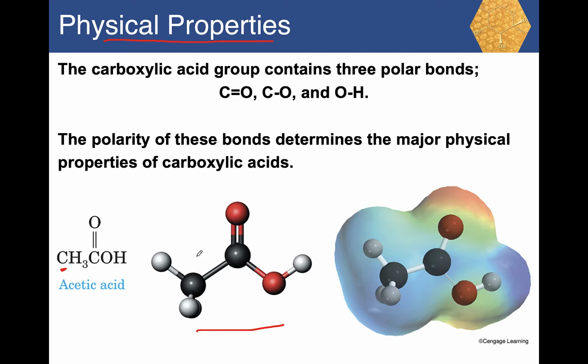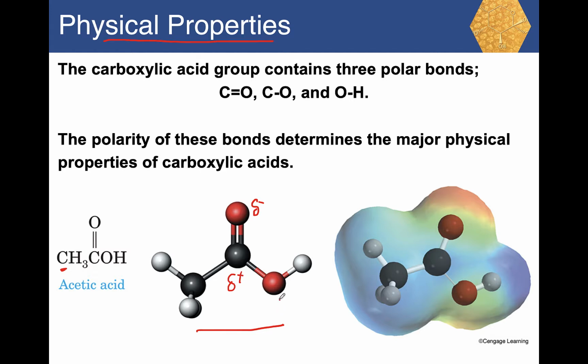So that's the CH3 right here. Here's the carbon-oxygen double bond. Here is the carbon-oxygen-hydrogen bond. These are all polar bonds. So this oxygen here is partially negative, and this carbon is, of course, partially positive.